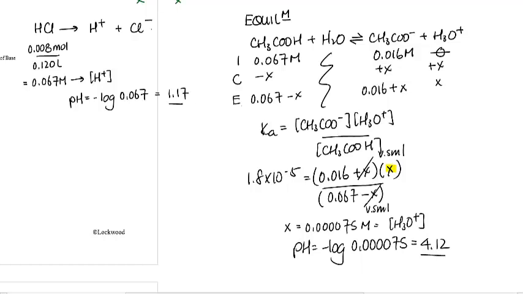But in the case where we have the weak acid, what we see is an equilibrium being established. And when we see that this equilibrium is being established, what we see now is that the pH is a result of the equilibrium between the weak acid and the conjugate base. And subsequently, we have to use the equilibrium expression to calculate the final concentration of the hydronium ion, and from there we are now able to calculate the pH.